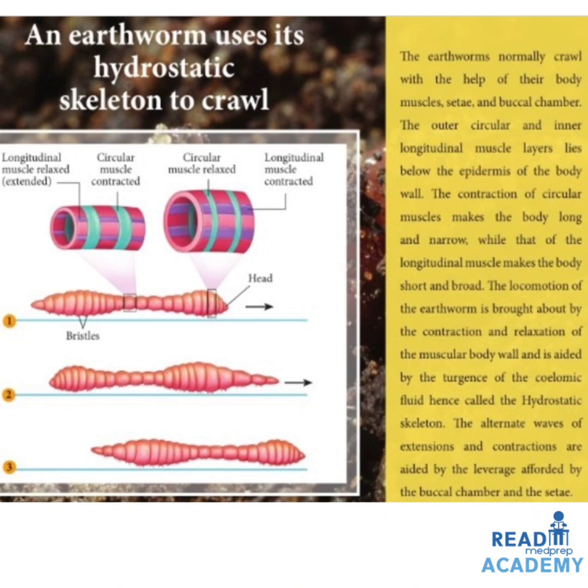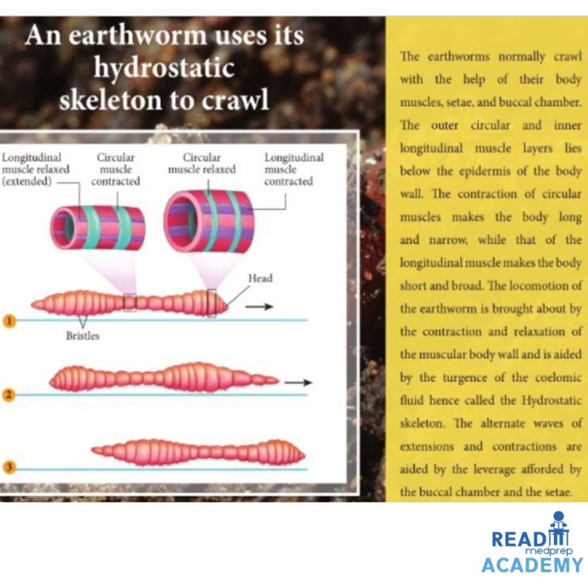The contraction of the circular muscles makes the body long and narrow, while that of the longitudinal muscles makes the body short and broad. The locomotion of the earthworm is brought about by the contraction and relaxation of the muscular body wall and aided by the turgidity of the coelomic fluid, hence called the hydrostatic skeleton. The alternate waves of extension and contraction are aided by the leverage afforded by the buccal chamber and the setae.